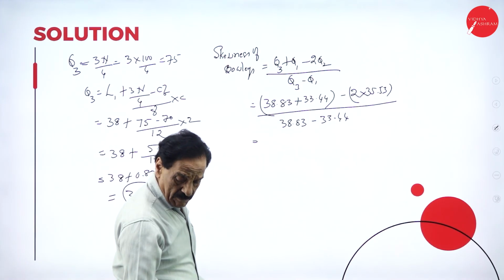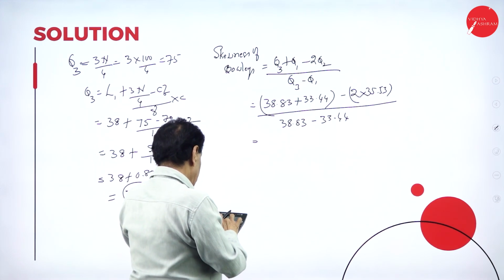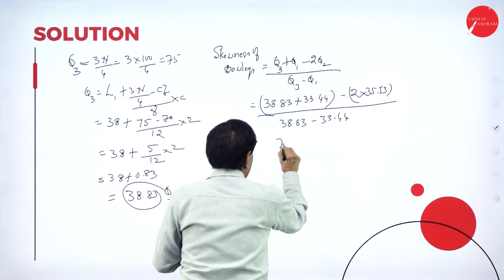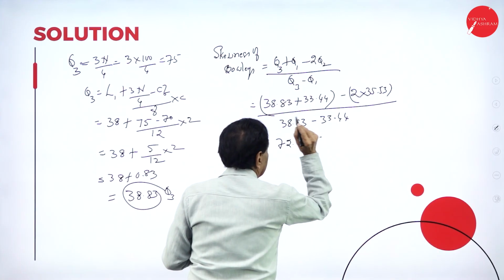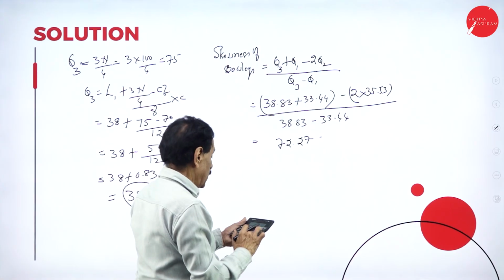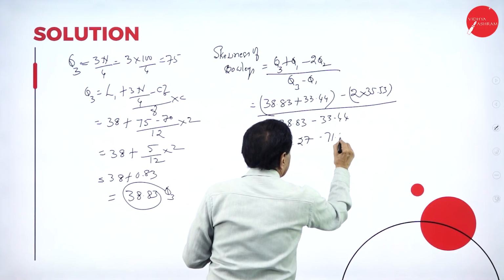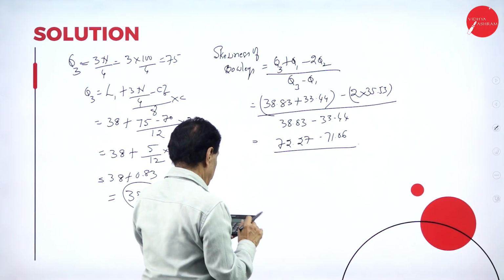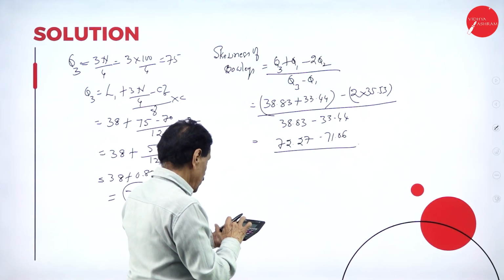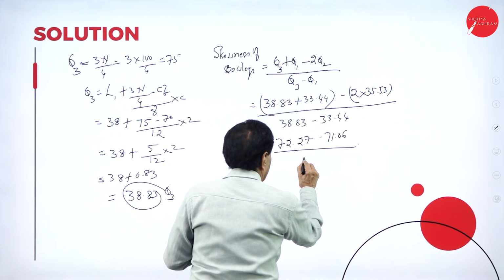First add the figures: 38.83 plus 33.44, 72.27, minus 35.53 into 2, 71.06, divided by 38.83 minus 33.44, 5.33.